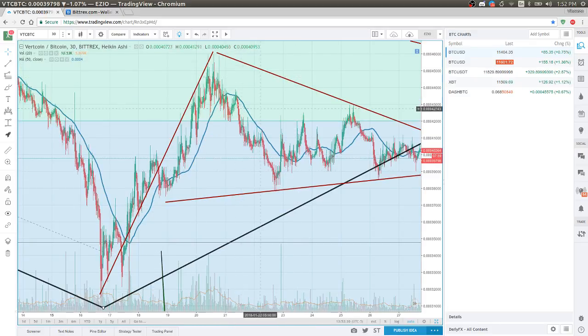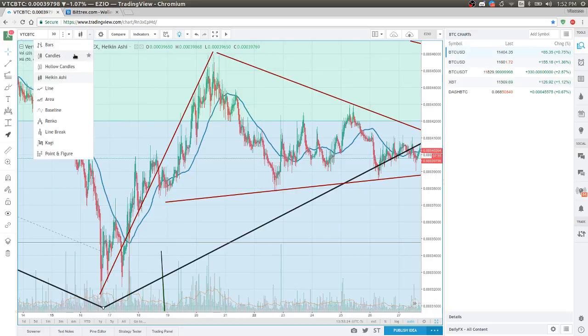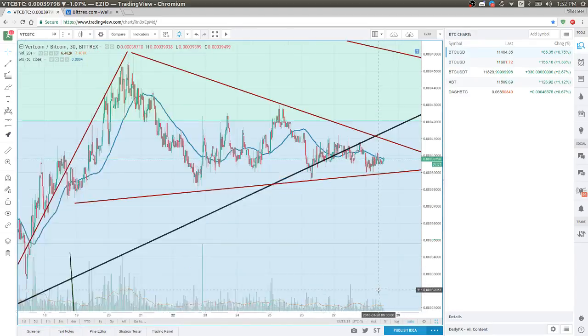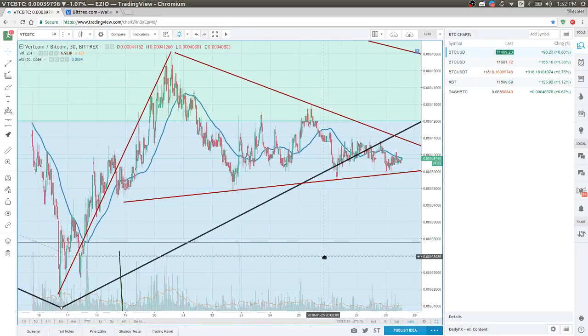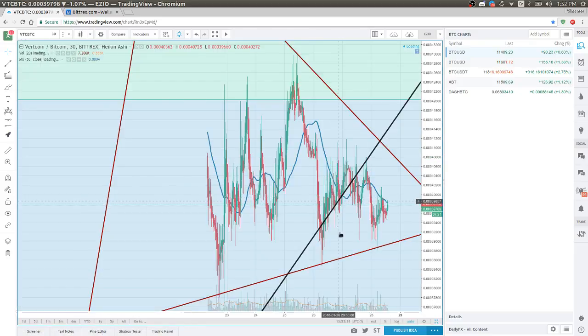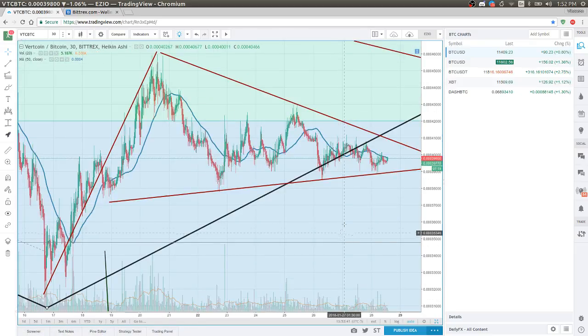And I can show you. This is Heikin Ashi, but if I use normal candles, see how unclear it is? For me it's unclear. I don't understand anything when I see this. If I use Heikin Ashi, I have a better idea.